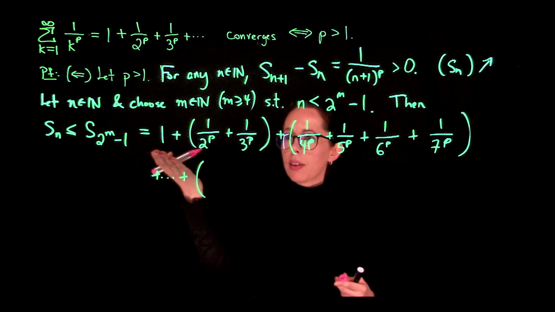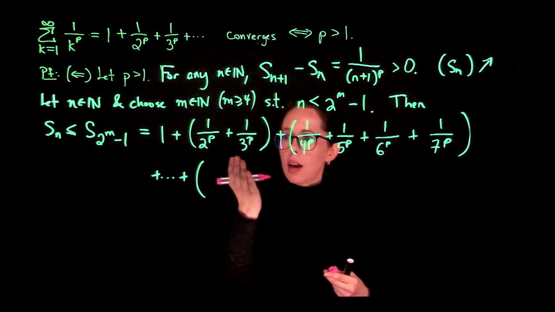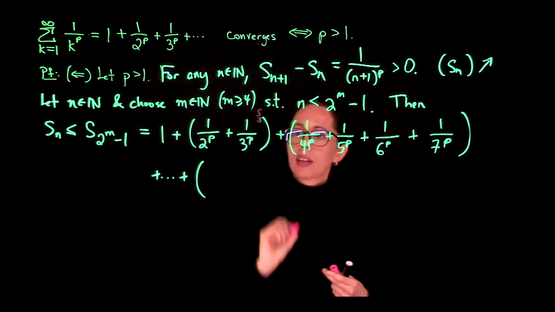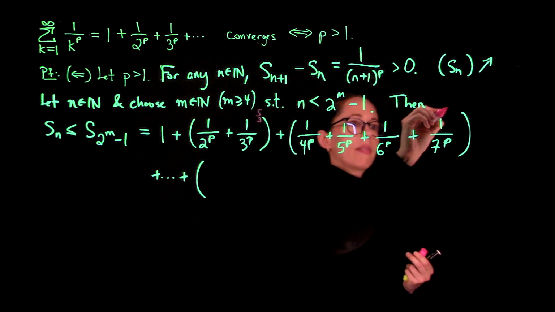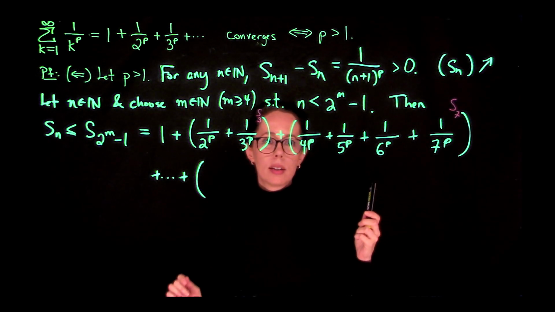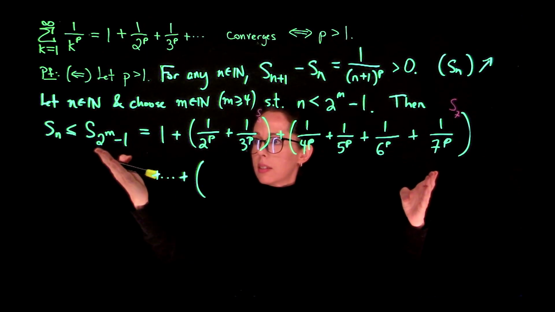Well, this is the third partial sum, this is s sub 3, and this one is s sub 7. So we are going up through this number.